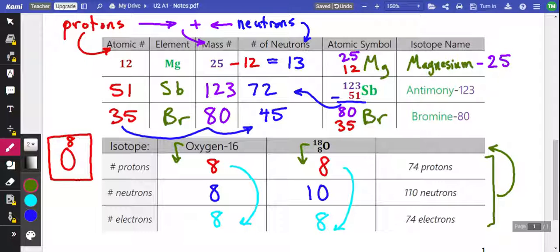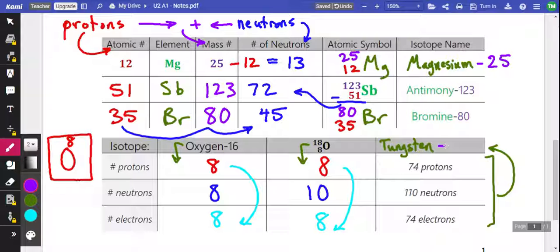So I go and look for what has an atomic number of 74, and I wind up with tungsten. Its symbol is W, used to be called wolfram, so it's kind of hard to find. You're looking for a T something, it's a W instead.